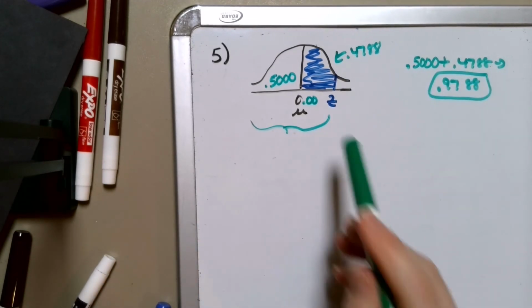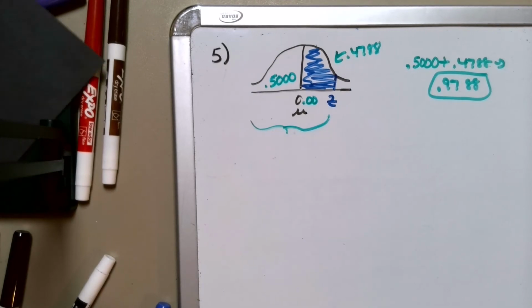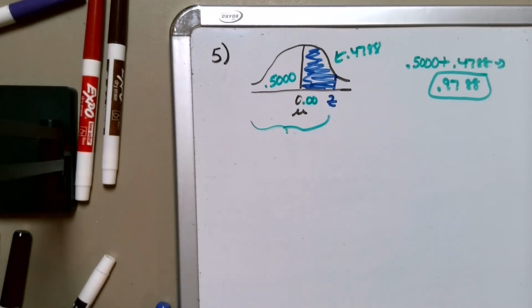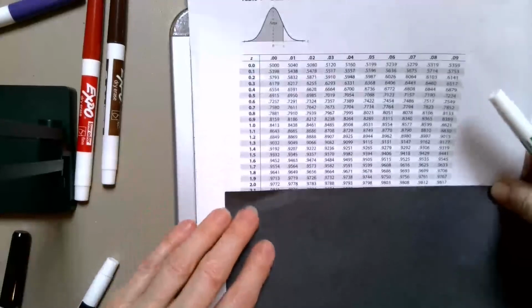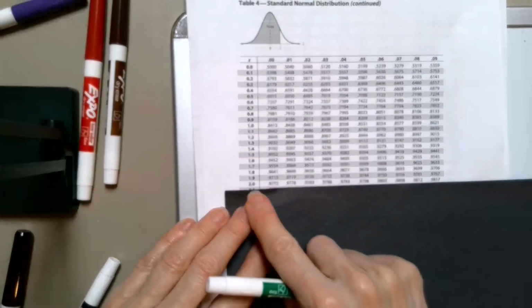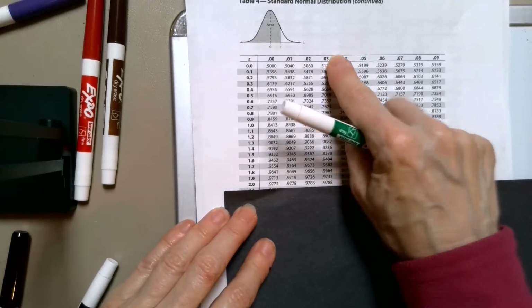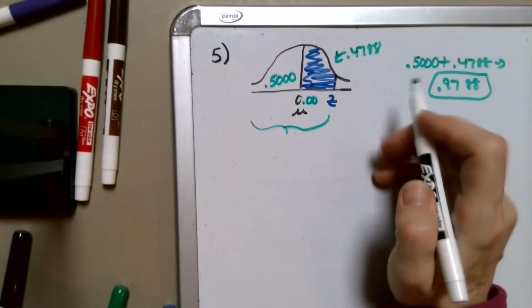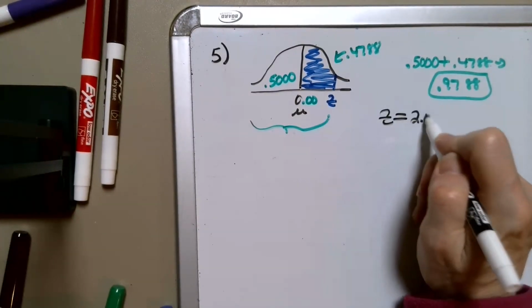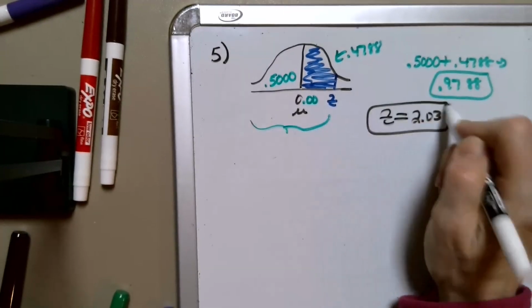That's what I have to look up on the positive z side, from section 5.3. I'm looking for 0.9788, and I find it in row 2.0 and column 3 hundredths. So 2.03 is the z-score that gives us that answer.